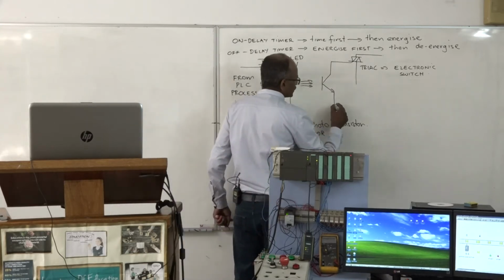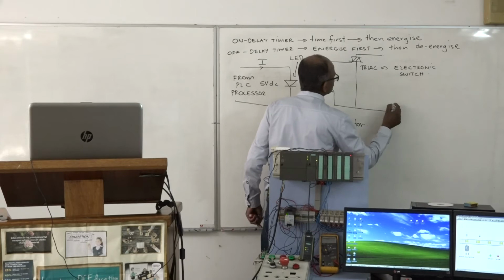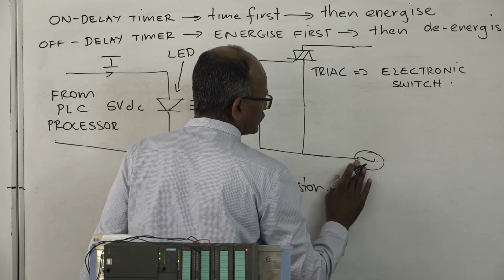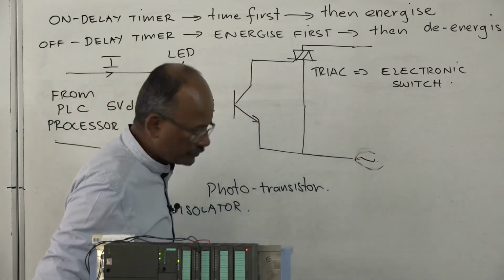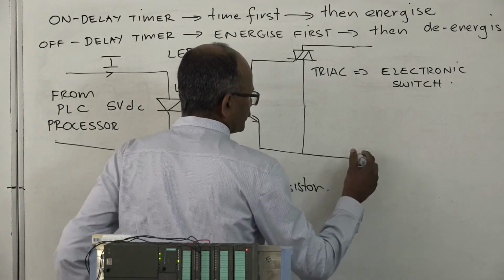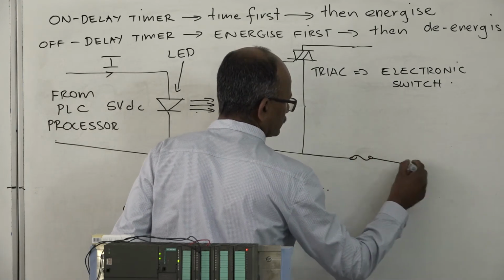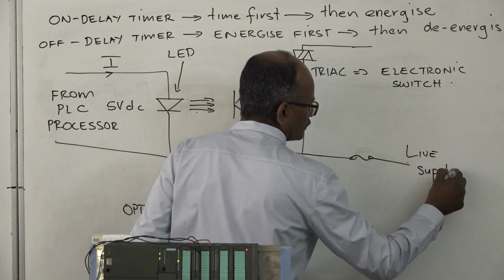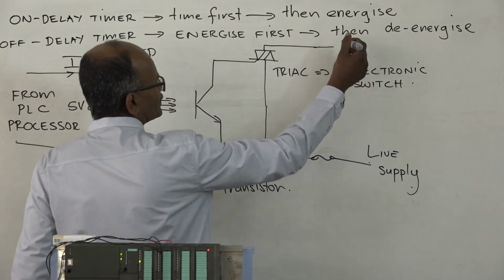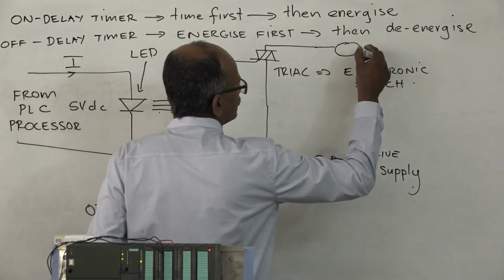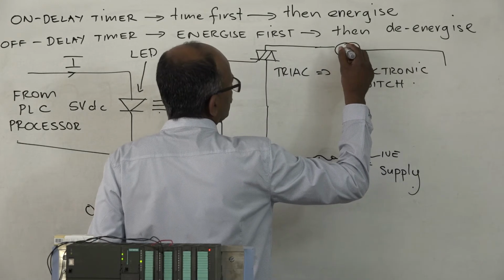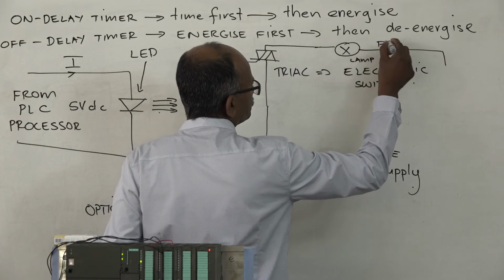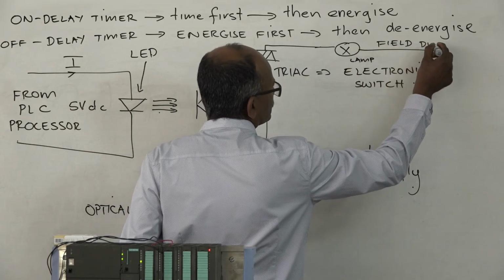So to complete the circuit, all right, normally here you'd have a fuse, okay, and this is your live or your supply. Okay, and at this end, I will have, let's just say it's a lamp, which is now my field device.